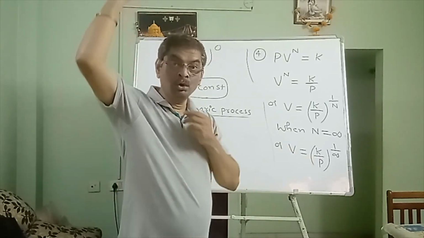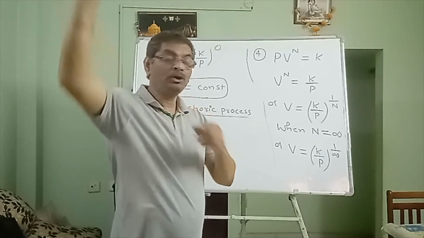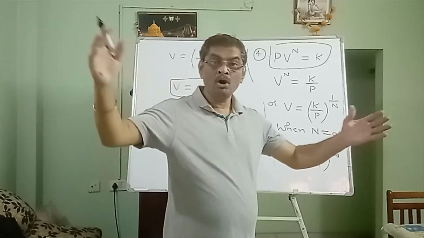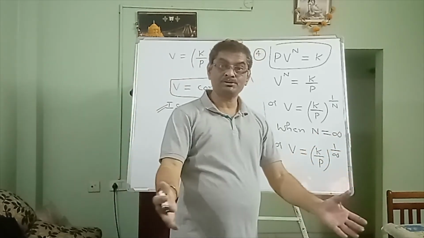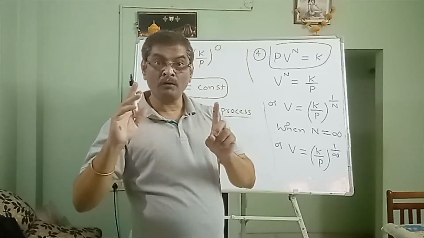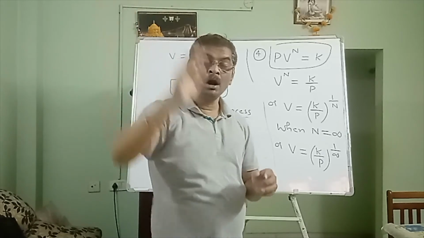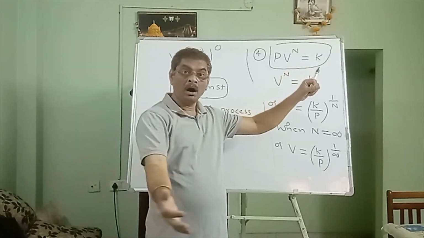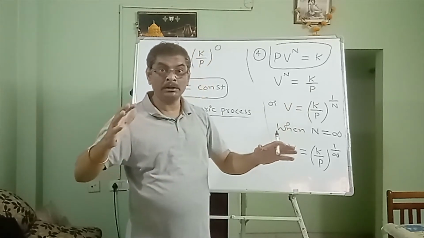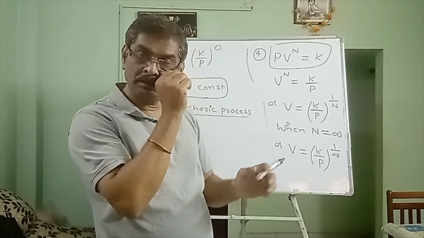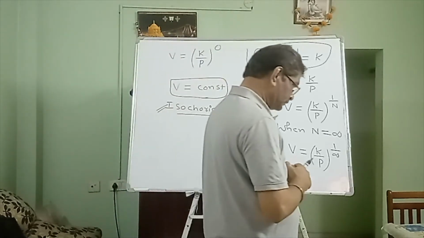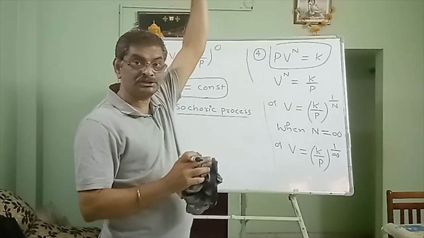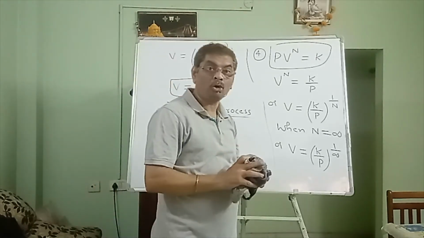So that is how, with the help of this polytropic equation, we can obtain all the processes by substituting the proper value of capital N. We can obtain all the different processes we are going to undergo in the thermodynamics chapter from the single process called the polytropic process.